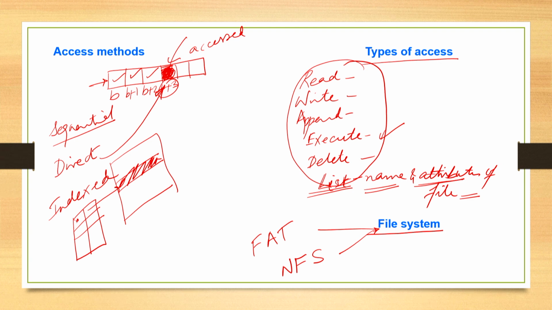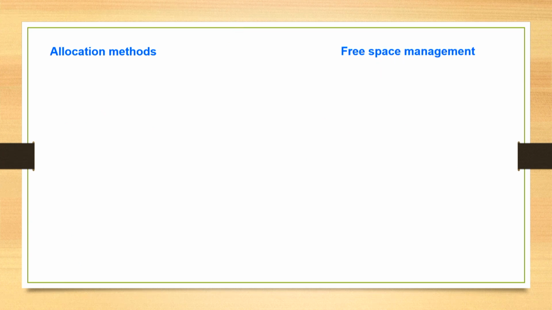Here the objective is: how can you access a file, or create a file or delete a file in an efficient manner? That is again done by the operating system. Allocation method is used to check how this file has been stored in the storage devices.